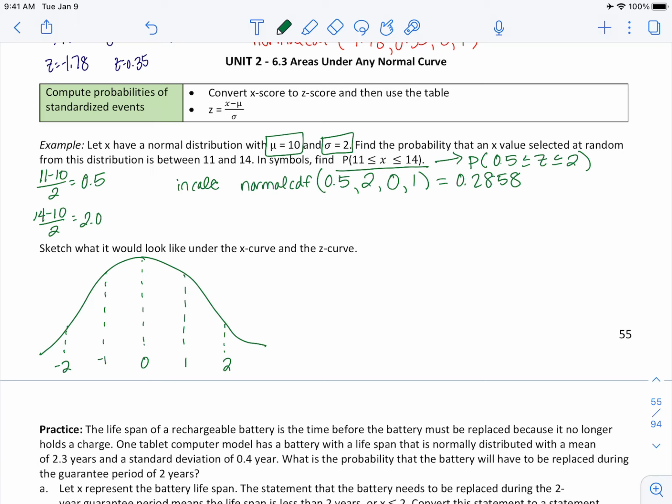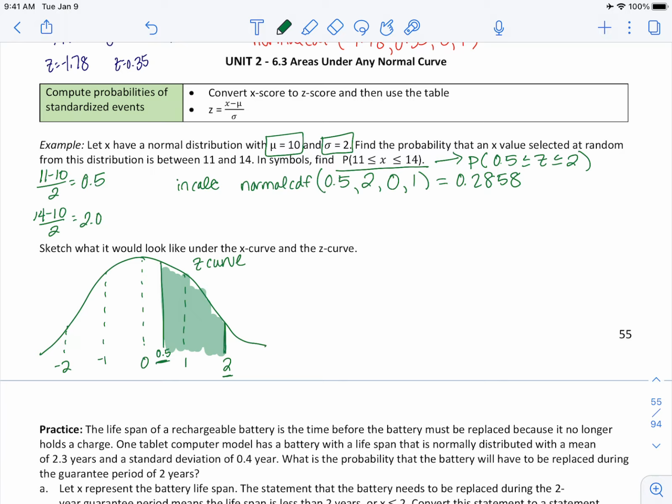I'll draw out that far. So we're looking to shade between 0.5, so that's right here, and 2. And so if I highlight this, we're shading right here. And so that area represented is 0.2858. So this is our z curve.